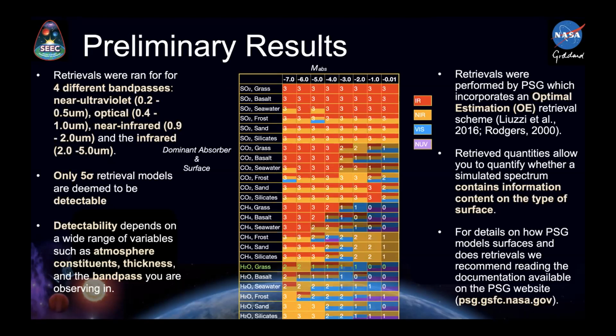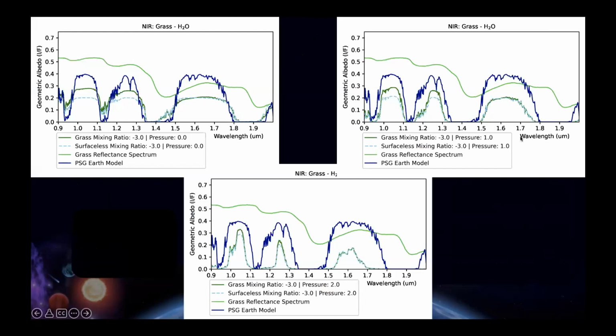Going back to that grass column, this plot on your top right is the limit of detectability according to our table from the slide before. This is one pressure below, and this is one pressure above it. So this is the pressure of the Earth, 10 bars, 100 bars.